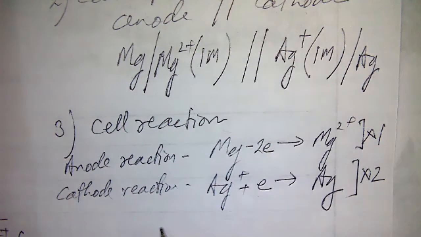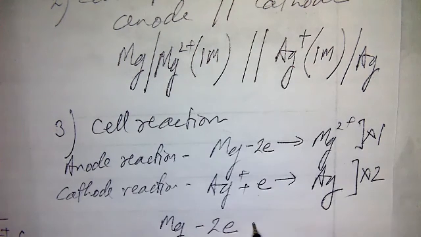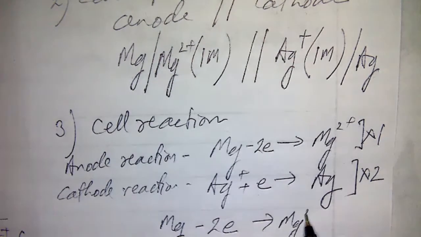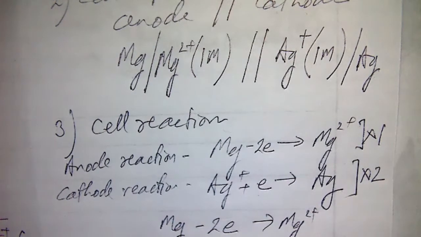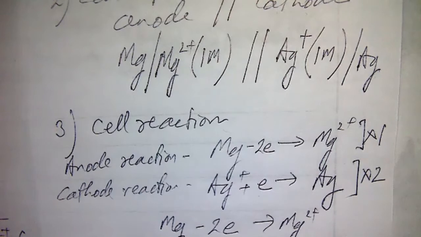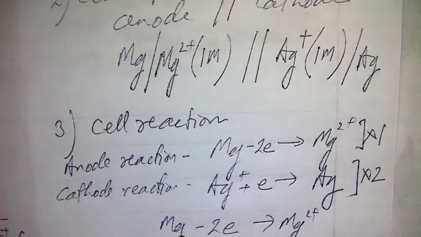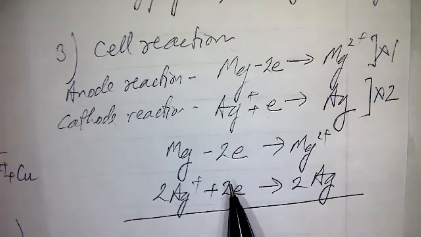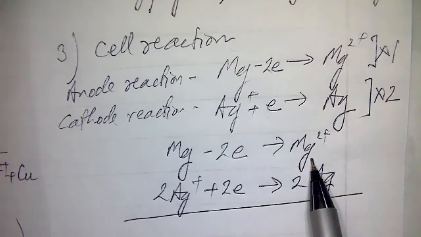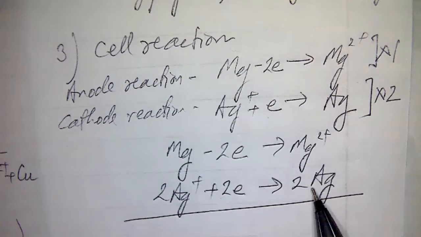So upper one, there's no change. Mg loses 2 electrons to form Mg2 plus. But silver, 2 silver will gain 2 electrons. It will form 2 Ag. So these 2 will add, isn't it? Magnesium 2 electrons as it is, and this multiplied with 2. So we'll get this one.